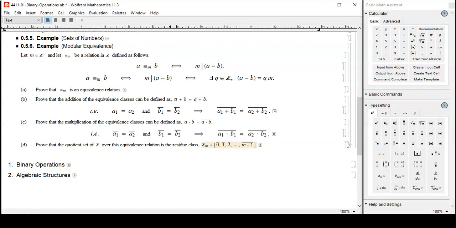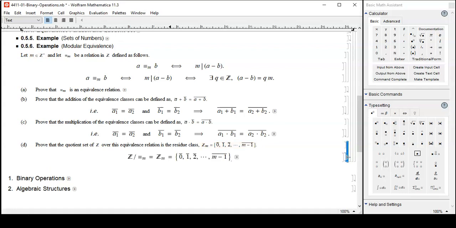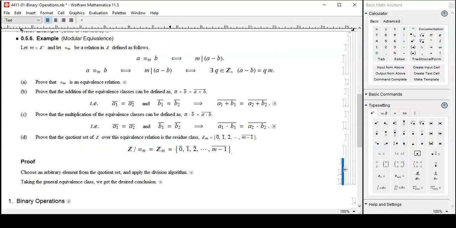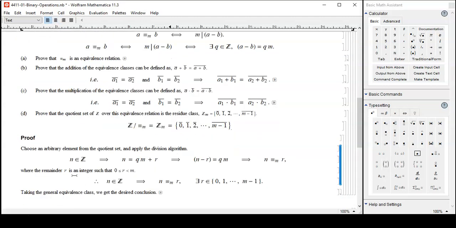How do you prove that? Well, just the division algorithm and that's it. Take any arbitrary n, apply the division algorithm, then we have n equals qm plus r, where r is a remainder, so it should be between 0 and m minus 1, you see? r is a remainder.